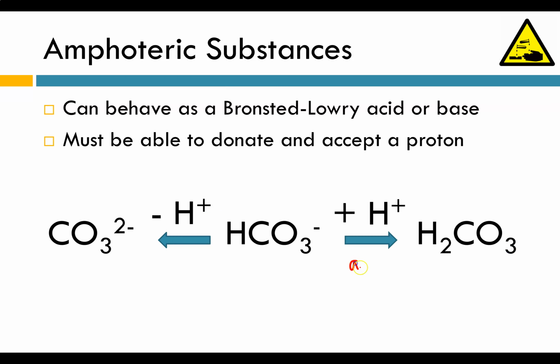So in this direction, we're acting as a base, as H+ ions are being accepted. And it's almost like a reverse reaction, the one that's going to the left. This is where hydrogen carbonate is behaving as an acid, and it is donating the H+ ions and forming the carbonate ion.